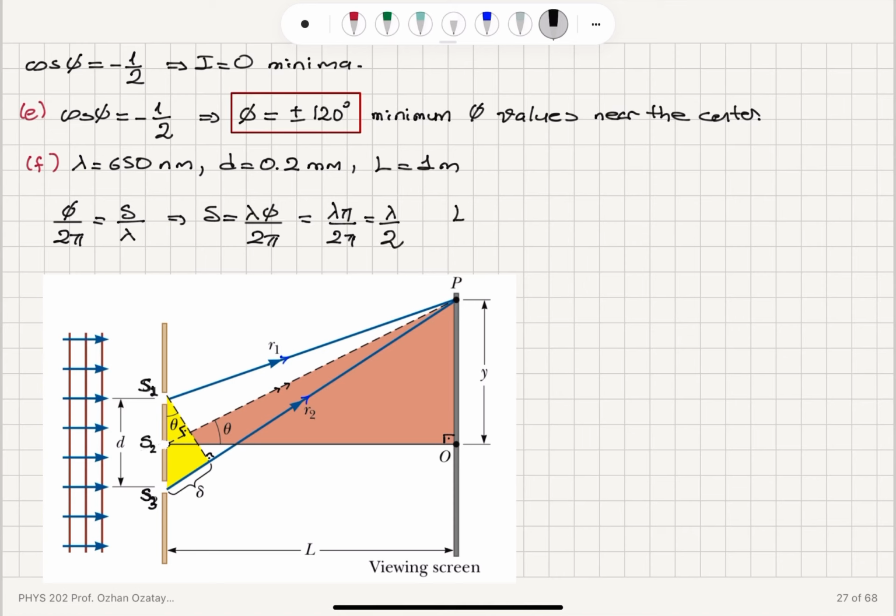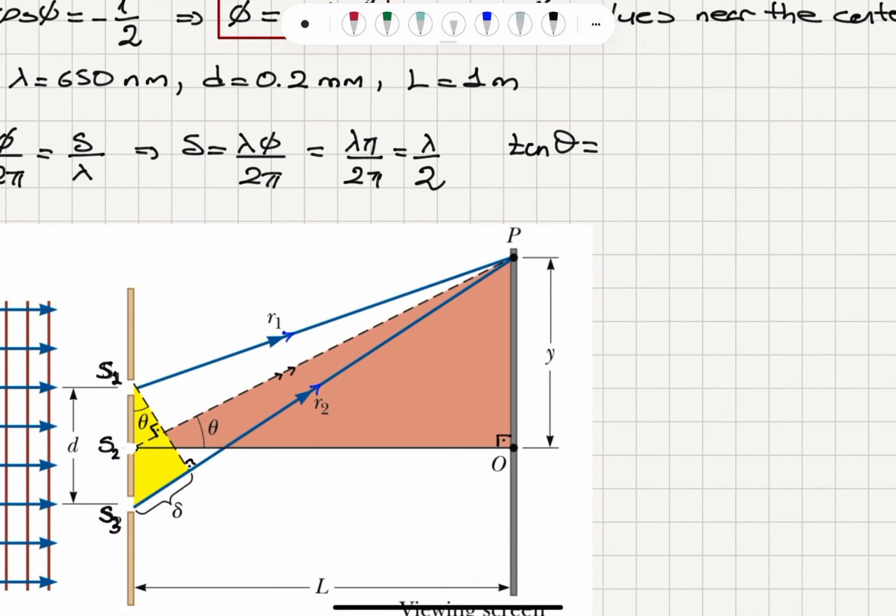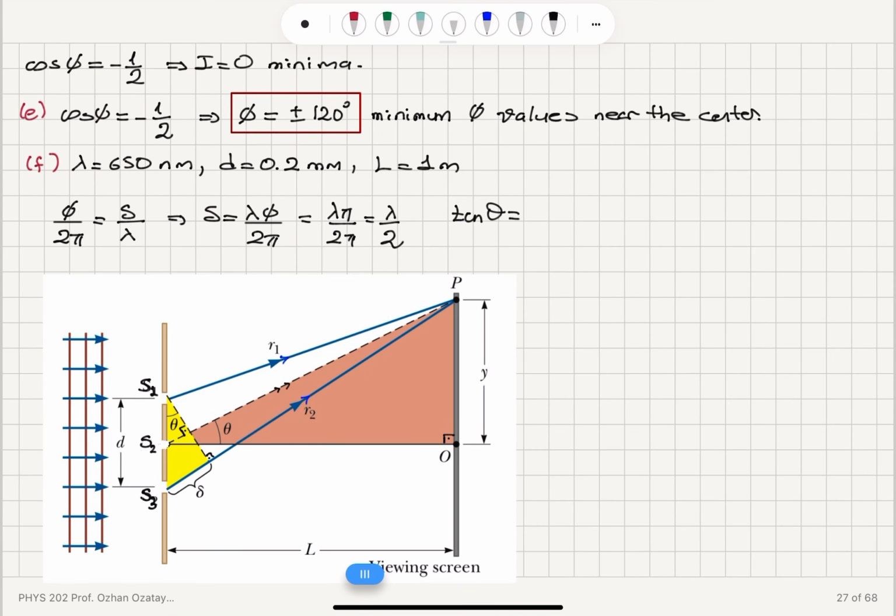So tangent theta, from this geometry here, you can see is y divided by L. And the first lesser maximum, or secondary maximum, is at phi equal to pi.